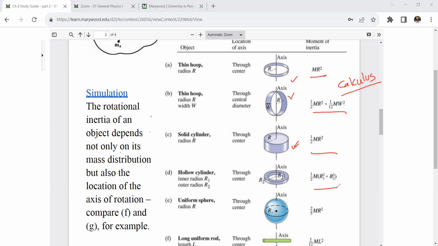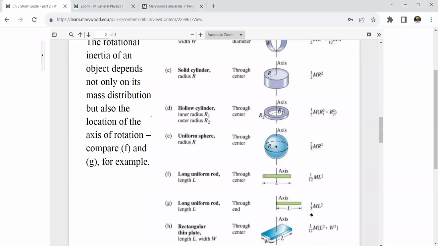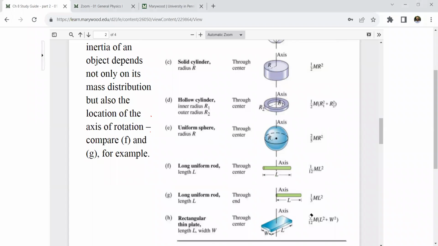If I ask you in the exam, I will be giving this chart, and then you can use it directly. These are the standard moments of inertia for these standard objects. For some of the problems we are going to use these, at least a few of them, so that you will understand what is what.